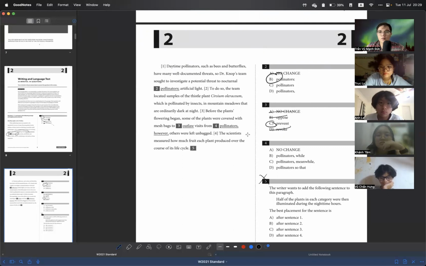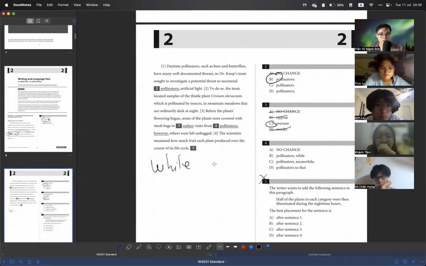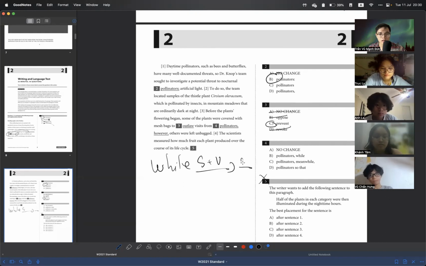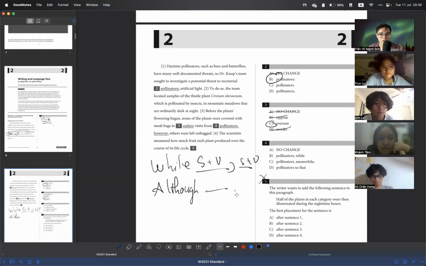So one other way to not be mistaken for a run-on is to remember the form. While, comma, this is correct. You can use clause SV or SV up here. Although, SV. Despite is not a clause but a noun phrase.